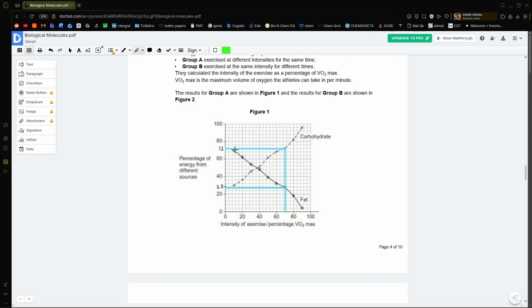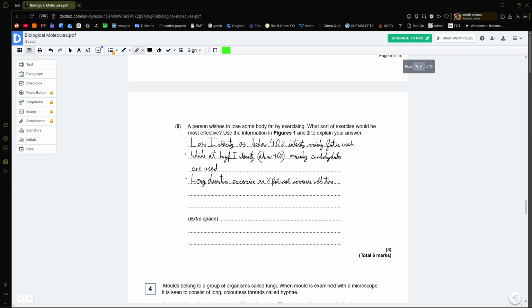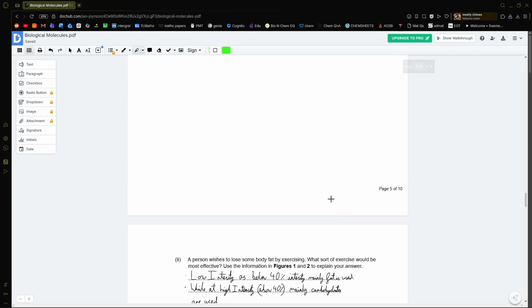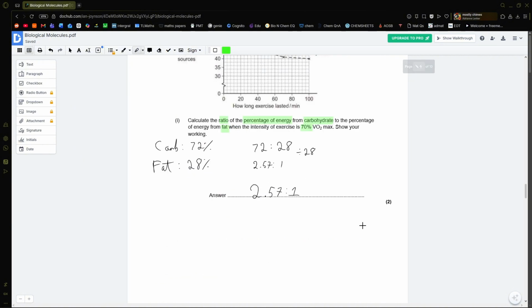Here, this line is above this one, and here it's probably 72 as well. So in total, we want them to do a low intensity exercise for a long duration, as the percentage of fat used increases with how long you exercise for.